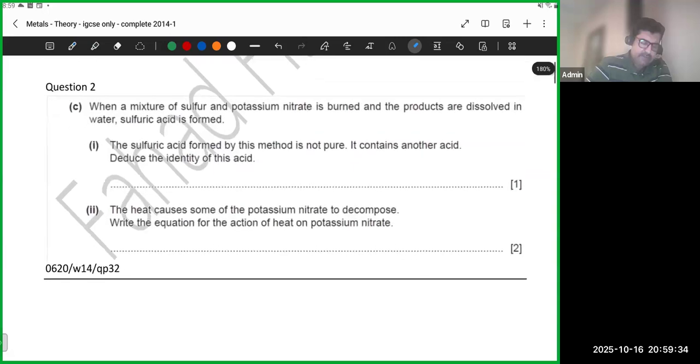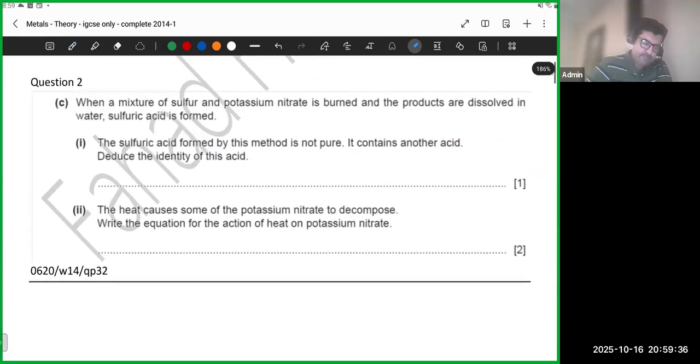Okay, the next one is on acids. The heat causes, yeah, it's again a decomposition question. He says potassium nitrate decomposes. So write an equation for the decomposition of potassium nitrate.